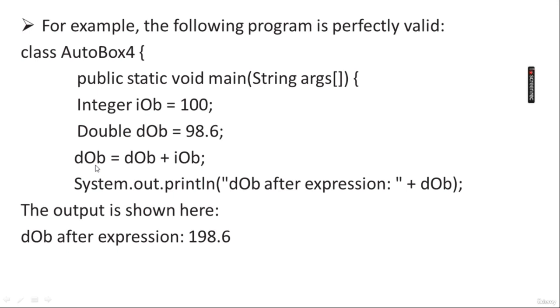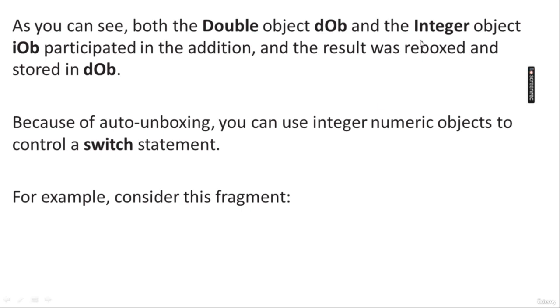So the output will be 198.6. So this example is valid in this case. Both the Double object dOb and Integer object participated in the addition, and the result was reboxed and stored in dOb.